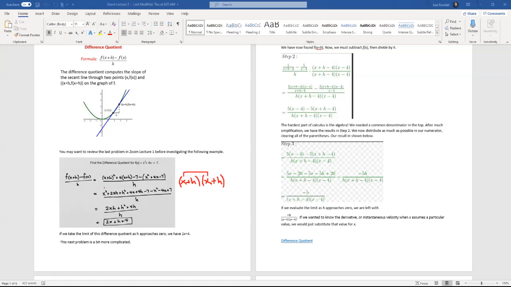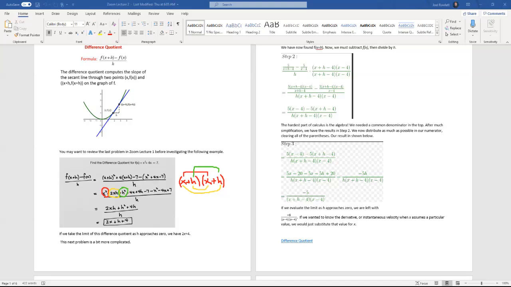That gives me the x squared here. And then we will do the outside term, which is going to be h times x. And then we will do the inside terms, which gives me another h times x. That's where this 2xh comes from. And then they multiply the last terms, h times h, and that gives us the h squared here.